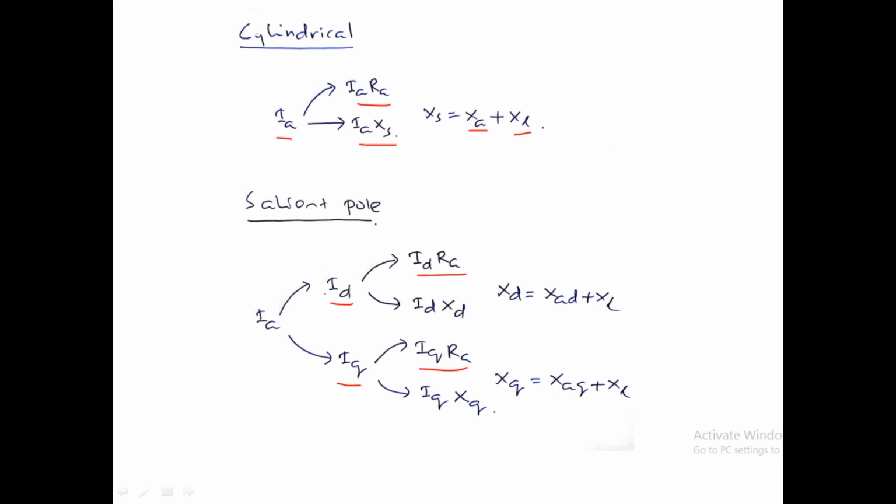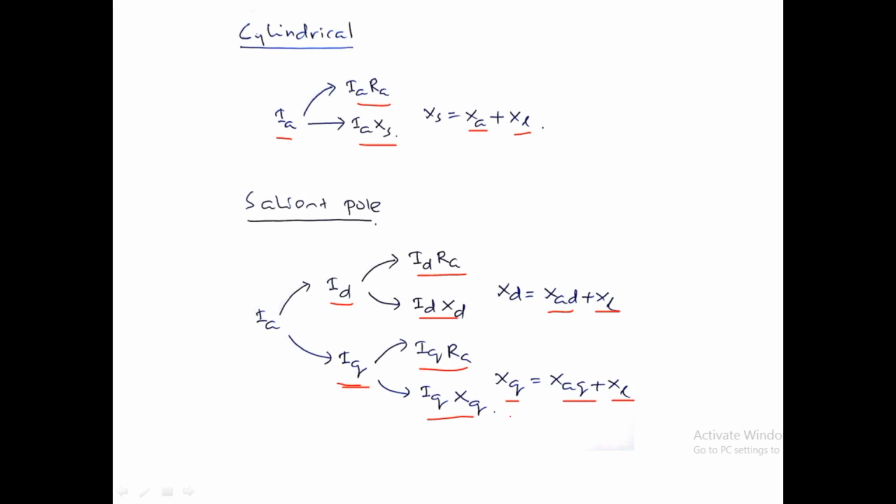Now along the D axis, ID is making a drop, ID into XD, which is the representation of the synchronous reactance corresponding to D axis. That means which contains XAD and XL. Now IQ is making a drop, IQ into XQ. So XQ is a sum of XAQ and XL, which is the representation of the synchronous reactance along Q axis.